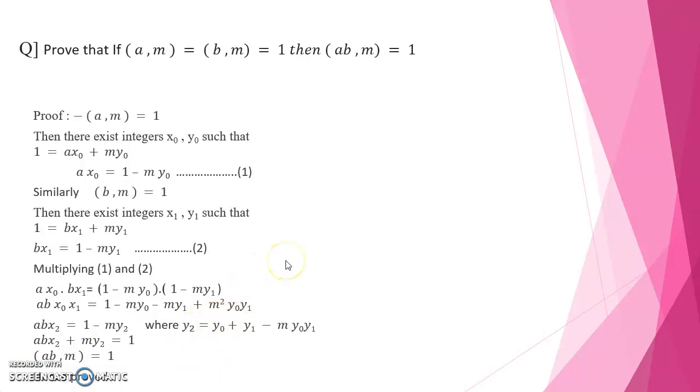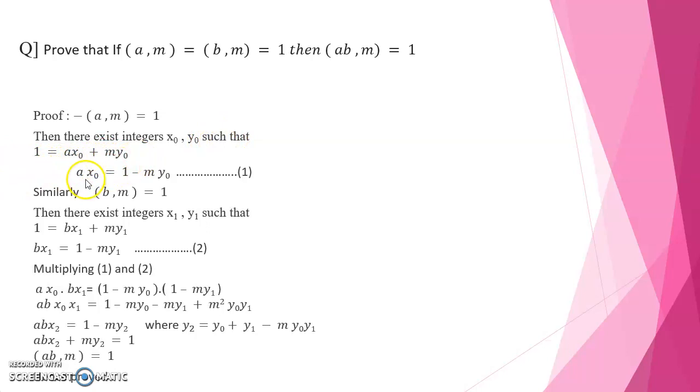Next, I will switch to another question, one of the very important ones. If GCD of a and m and GCD of b and m are 1, that means these are relatively prime, then I have to prove that GCD of ab and m is also equal to 1. In a very simple manner, we will prove this. Take GCD of a and m equal to 1, then there exist integers x0 and y0 such that 1 is equal to ax0 plus my0.